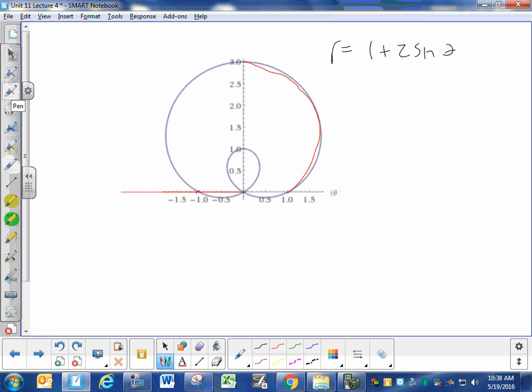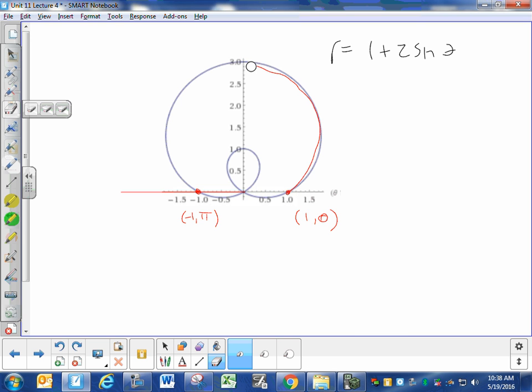So this point right here would be the point 1, pi. That's kind of confusing because watch what happens. I'm at pi, but I don't have all of my graph.